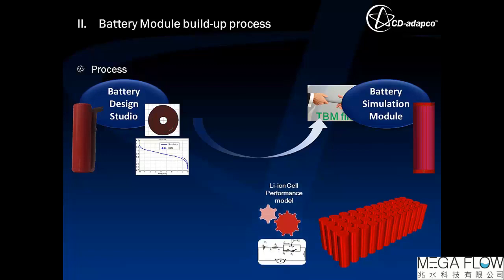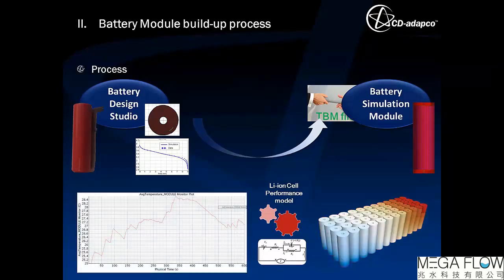So, coupling the geometry, the cell performance model, the thermal solver of Star-CCM+ and the fluid solver of Star-CCM+, I can run a full simulation to study the overall evolution of the temperature of a battery pack under a complex drive cycle.